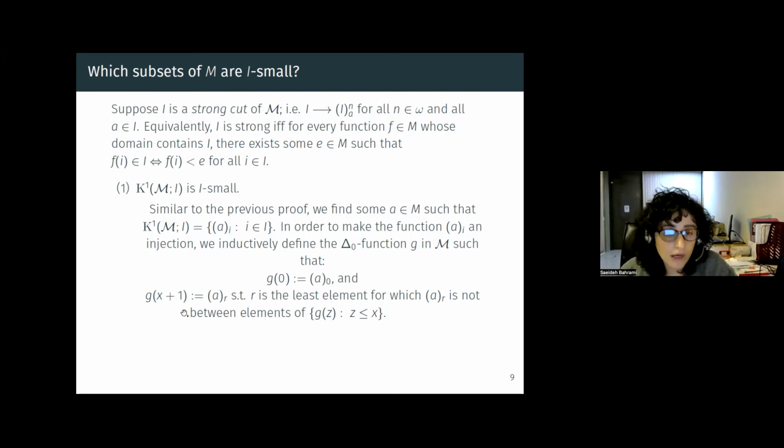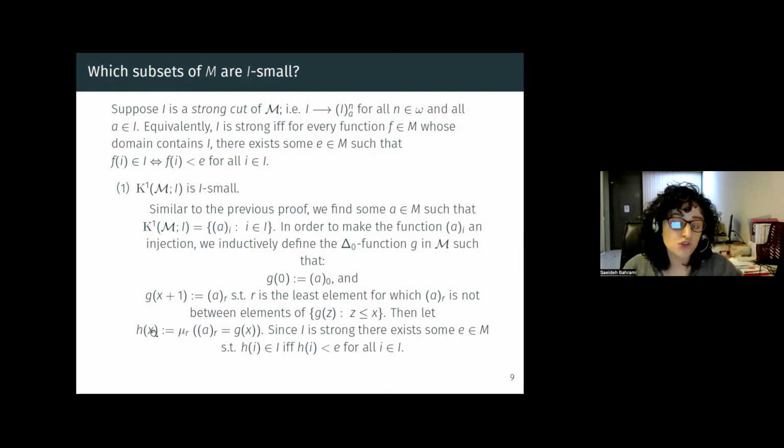So inductively, we define that G of x plus 1 is the first AR, such that R is the first one such that AR is not repeated before.